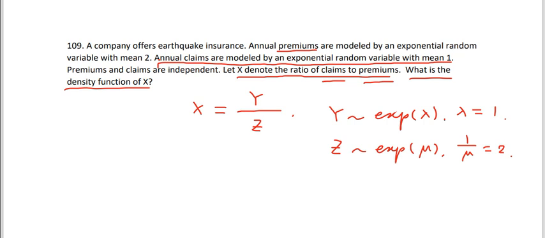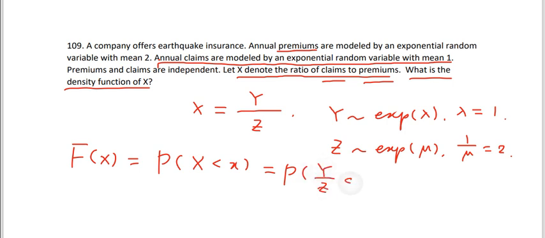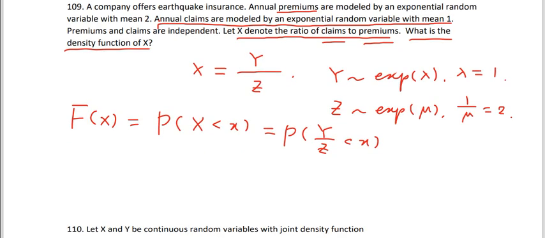So we need to find the cumulative function F of x. So F of x equals probability X less than x. So that is y over z less than x, which equals the probability y less than x times z.